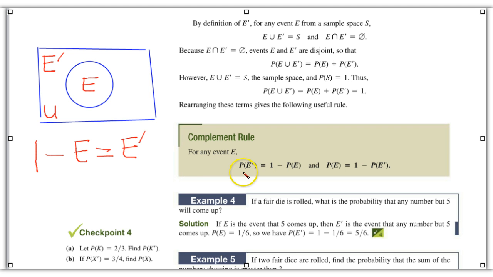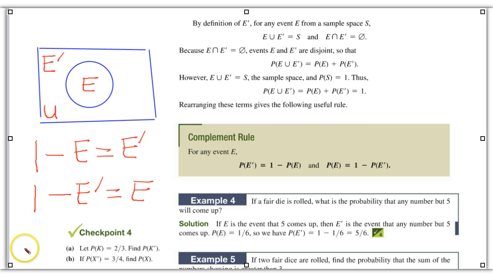And they're giving us the official rule here. Or if we have the whole and we subtract E complement, we're going to have E. This is what they're discussing here.